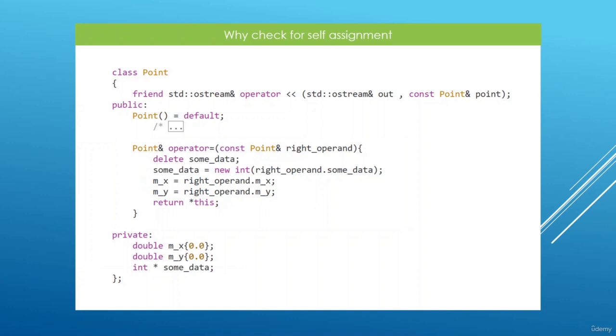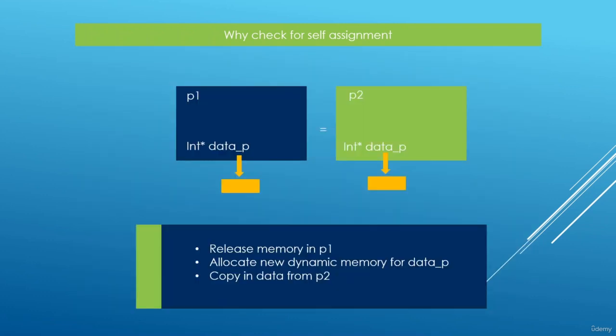But if you do self-assignments, let's try and analyze what is going to happen. But before we do that, let's look at a case where you are not doing self-assignment. So this is going to copy p2 into p1, and for our pointer, the general flow is to release memory in p1 because that's where we're going to be copying data into. We don't want to be pointing to the same thing as in p2.